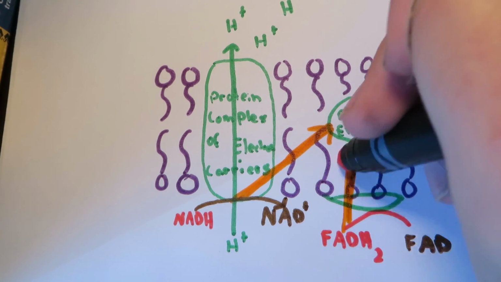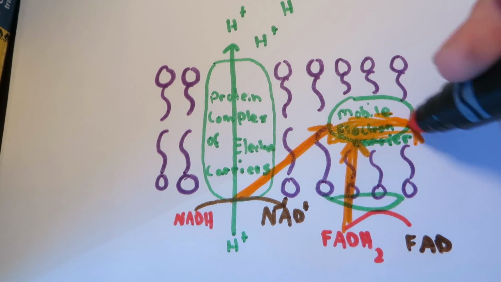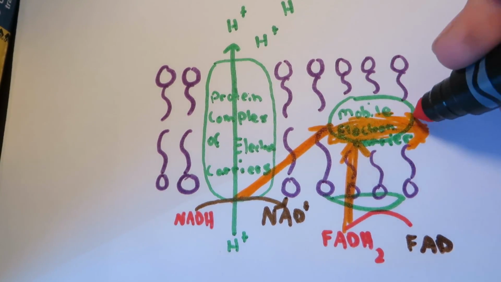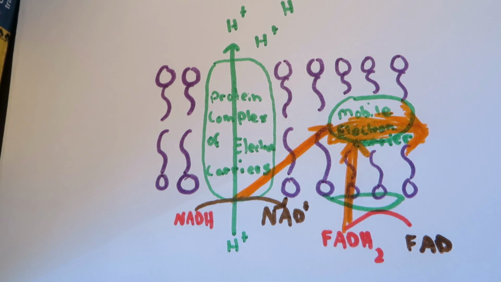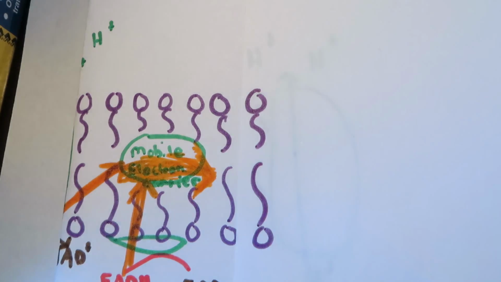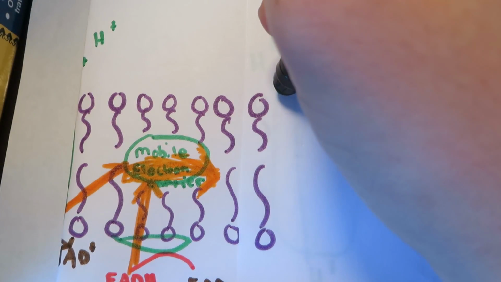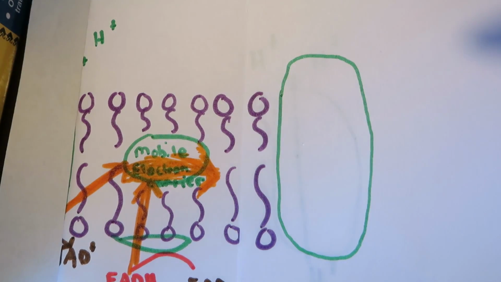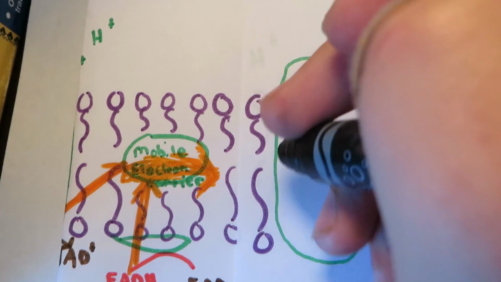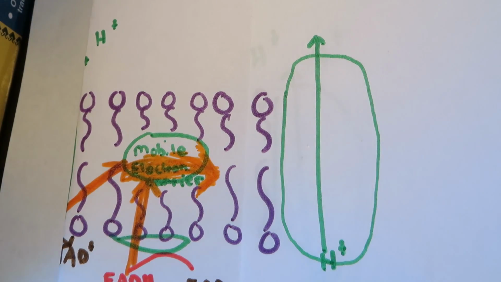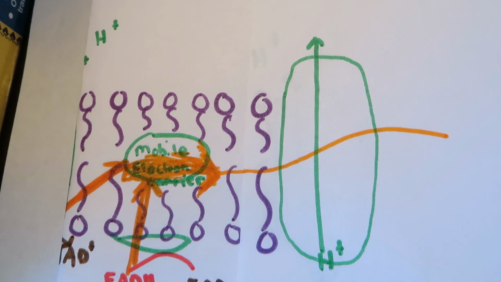The electron transport chain goes from electron carrier to electron carrier. More hydrogen ions are pumped into the inner membrane space.